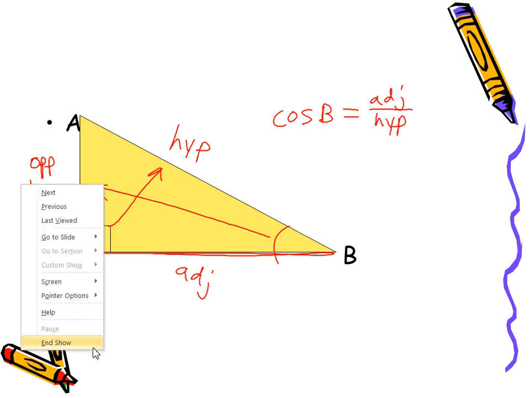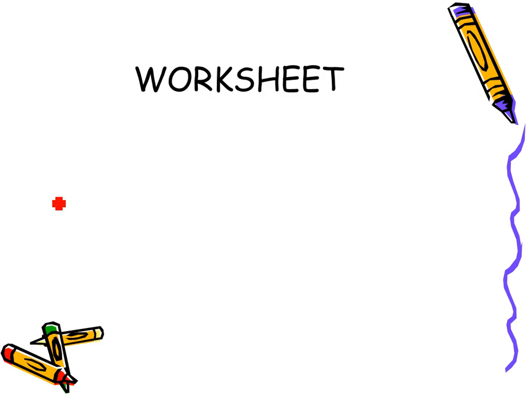Now, if you look at that worksheet on the front page, just to try to run through a bunch of these together. Number one says the sine of a 12-degree angle.